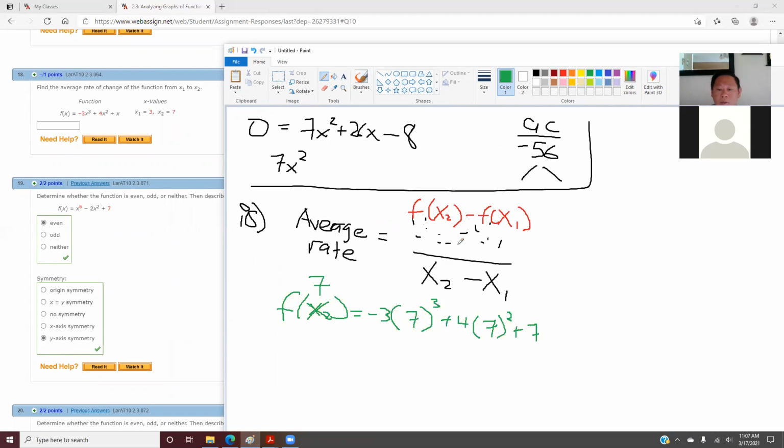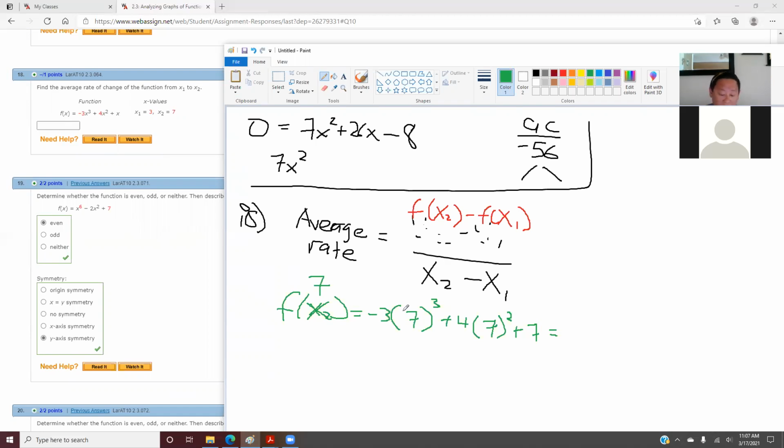I just do the f of x2 first, and then use your calculator to figure out what this number is. This is a big number actually. Negative 3 times 7 to the power of 3, plus 4 times 7 squared, plus 7.